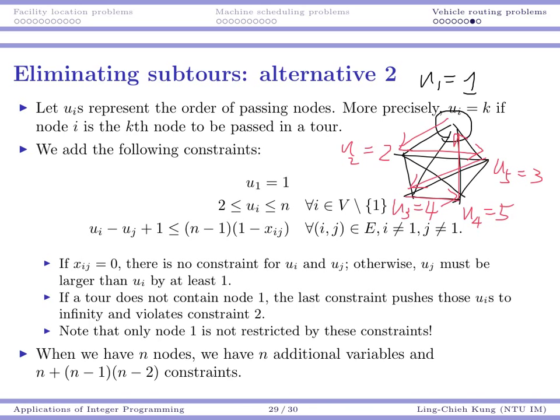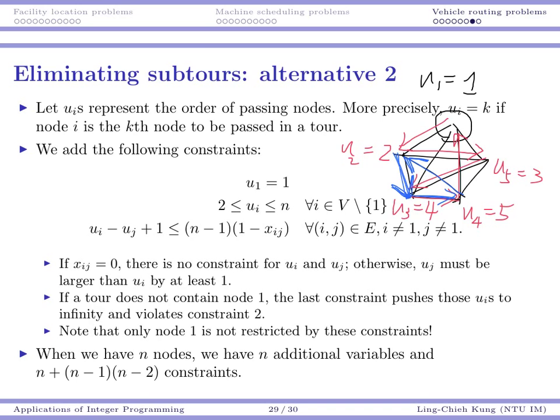What's more important is what's going to happen if we have a subtour. Let's assume that we have a subtour like this. It's two parts. Let's say we have a subtour from node 2 to 3, 3 to 4, and then 4 to 2 again.